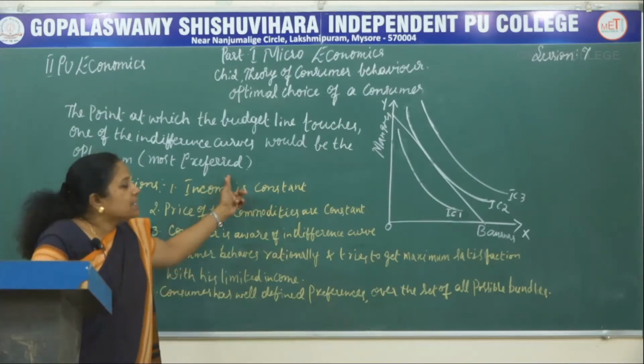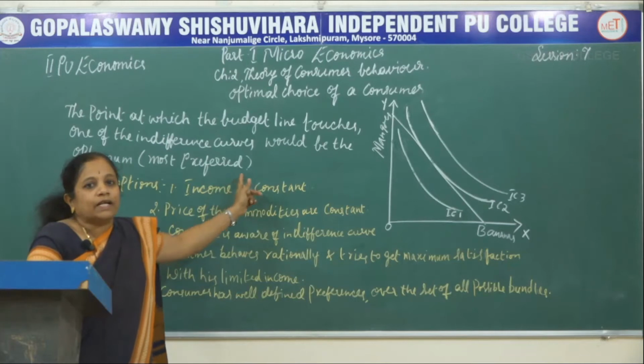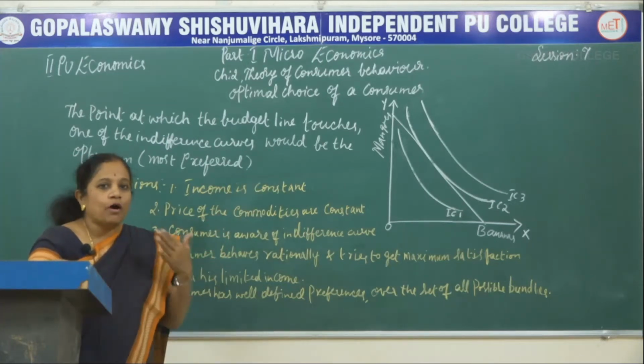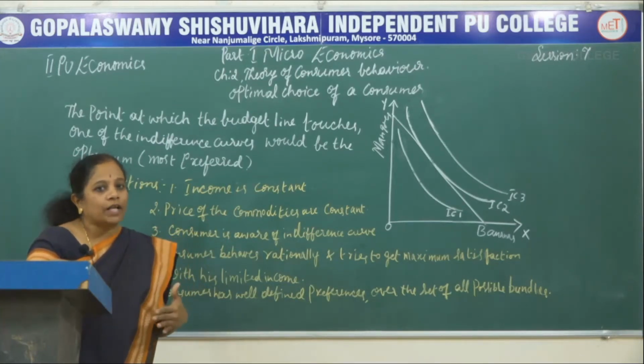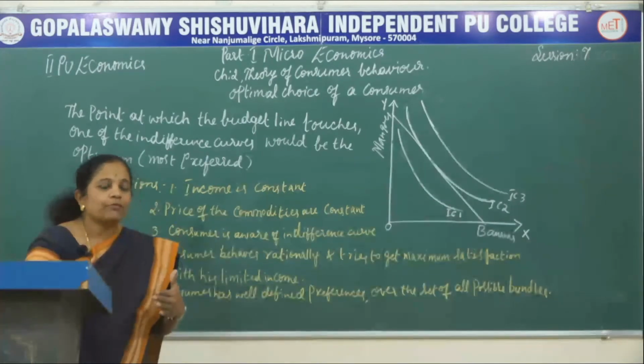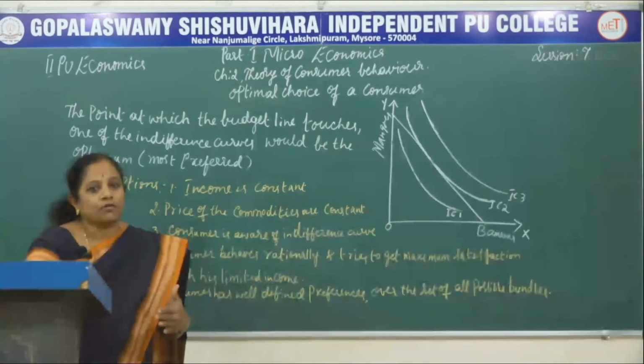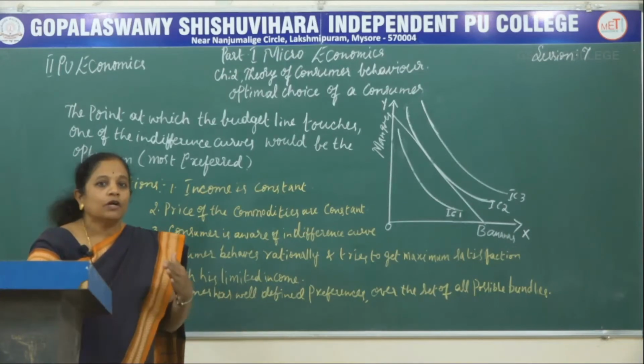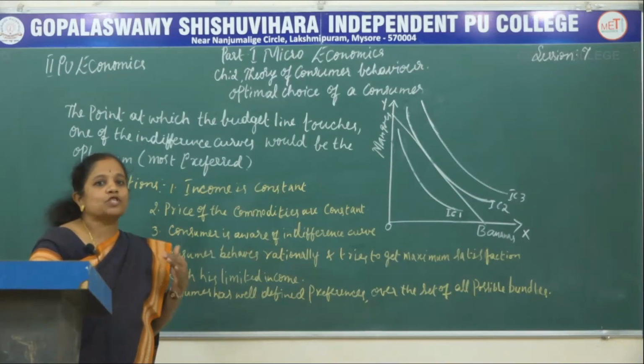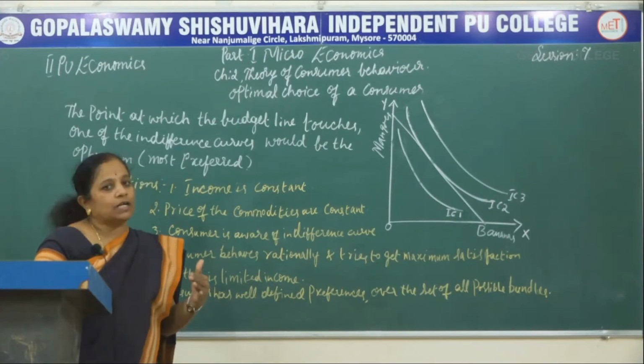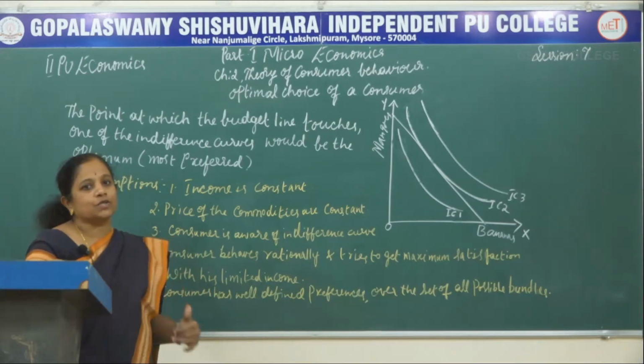Optimum is nothing but most preferred. Among all the products that are available, the consumer prefers to buy a particular combination of goods. This is called the most preferred combination of goods that the consumer wishes to buy.